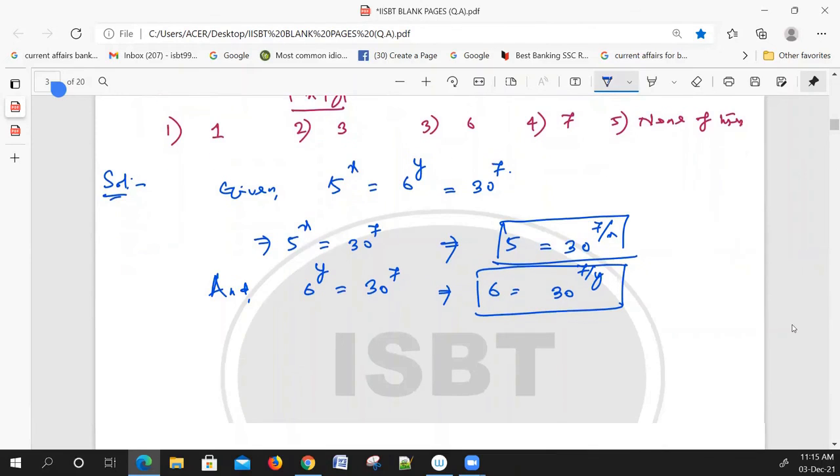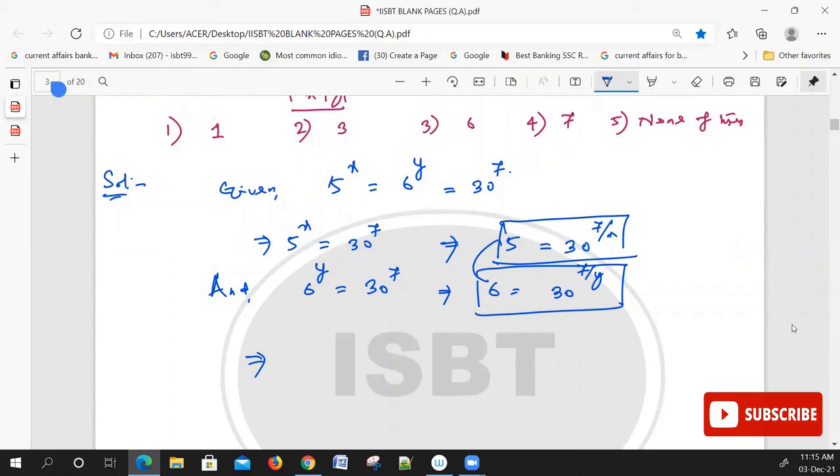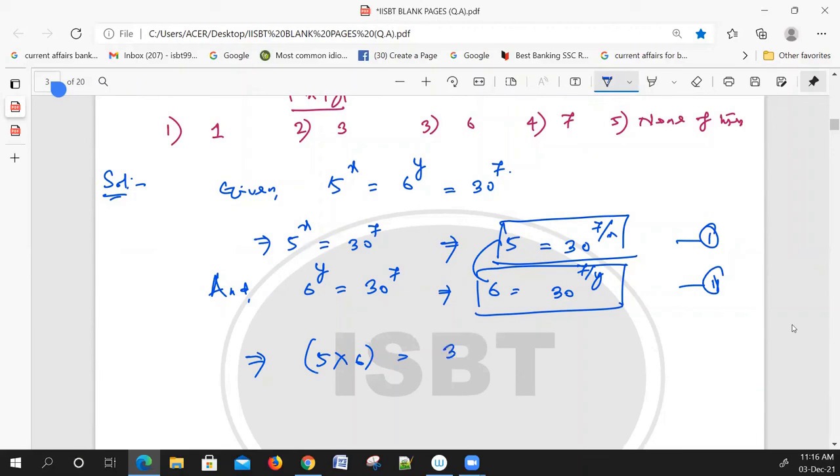Now, suppose 5 into 6. This is equation 1. This is equation 2. So 5 into 6 we can write as 30 to the power 7/x into 30 to the power 7/y is equal to 30 to the power 7/x plus 7/y.